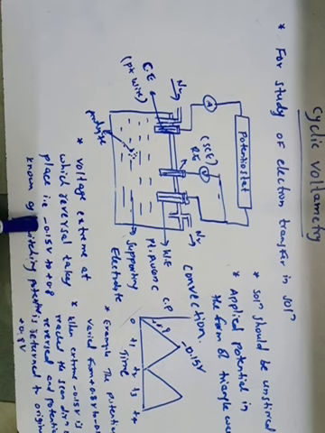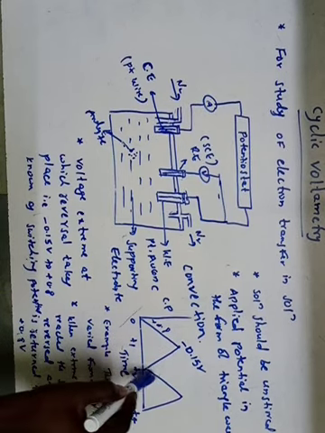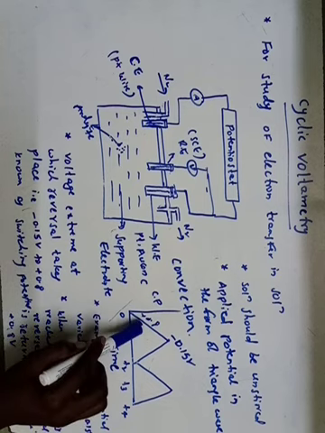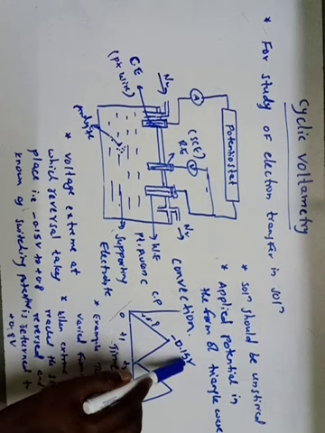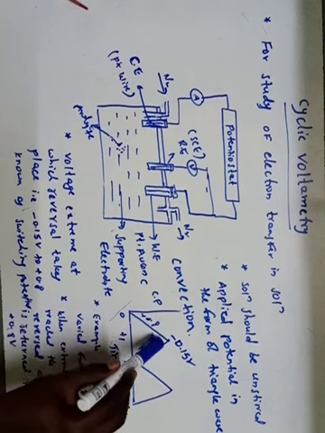The range between minus 0.15 volt and 0.8 volt is known as the switching potential range. In this example, we are varying the potential from plus 0.8 volt to minus 0.15 volt.